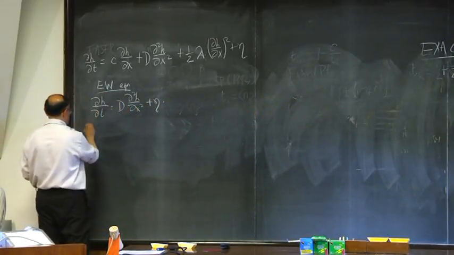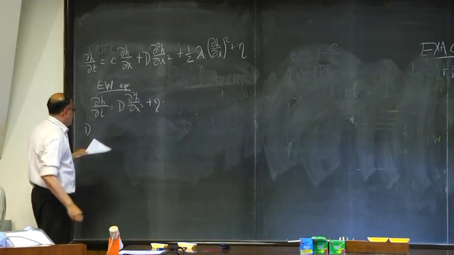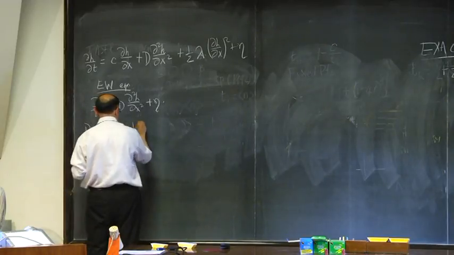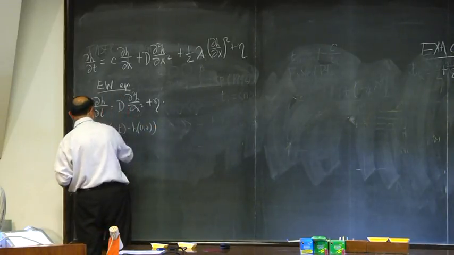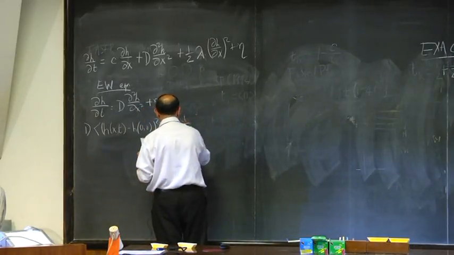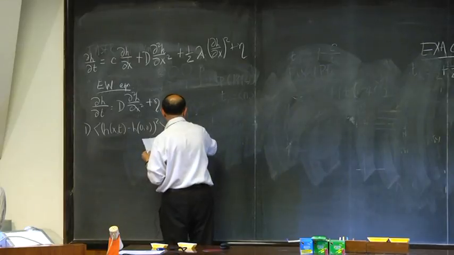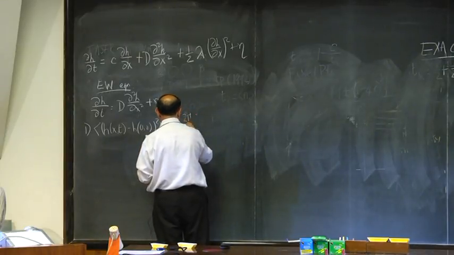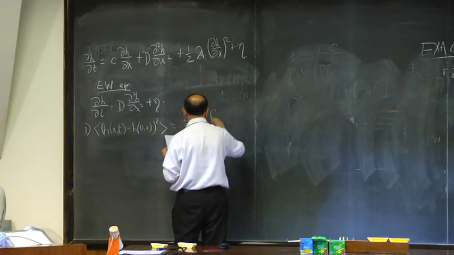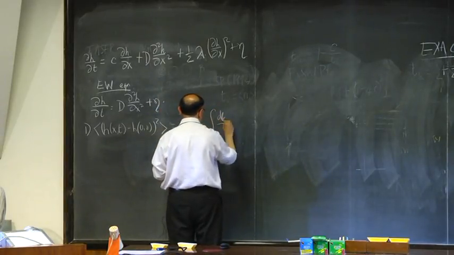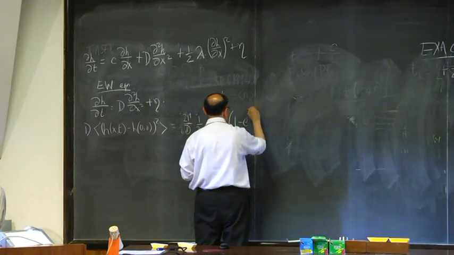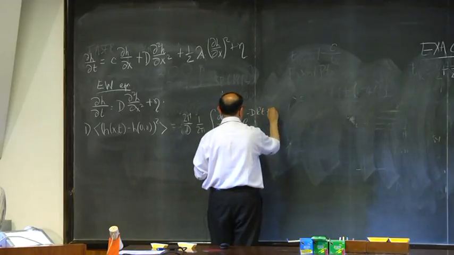We worked out the correlation function h(x, t) and h(0, 0), and we found that it is given by 1 over 2, 2 gamma by d, 1 over 2 pi integral dk over k squared, 1 minus e to the minus dk squared t plus ikx.